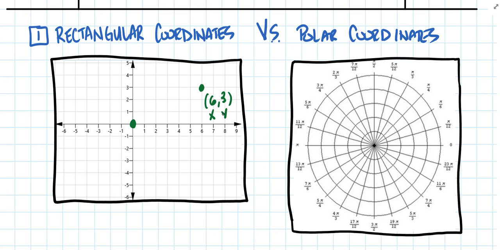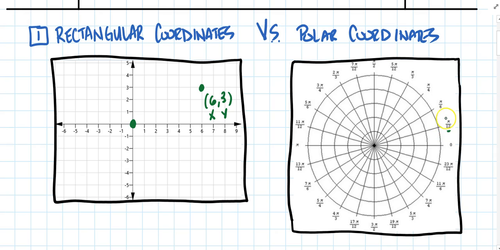Now, on the right-hand side, we have what's known as a polar coordinate system, and you'll notice that it kind of looks like a unit circle. But notice that each tick mark in this graph is worth pi over 12, not pi over 6, like we've seen on the unit circle.